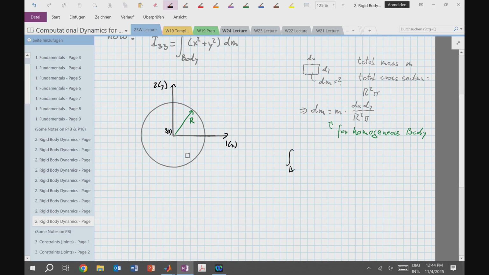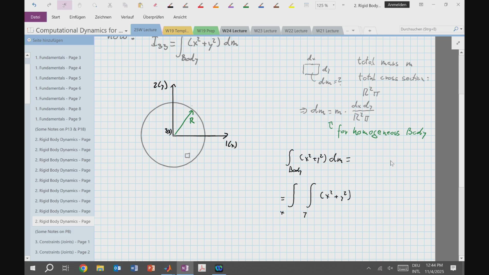The reason why I do this is because I can now go ahead and write this integral over our body, dm, as an integral over geometry. As a double integral in x and y. I can change the term in here, right?